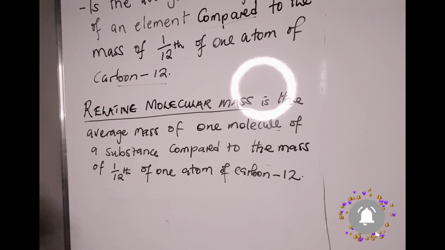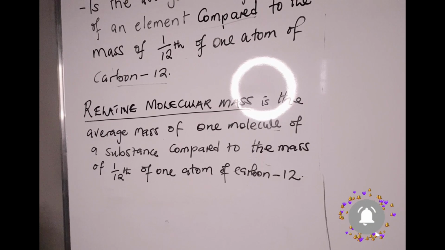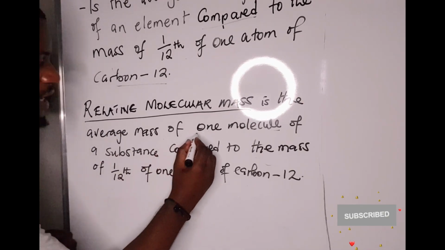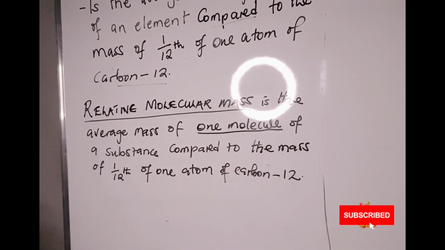Okay, so let's look at another relative mass apart from the relative atomic mass, which is the relative molecular mass. The relative molecular mass is the average mass of one molecule of a substance compared to the mass of 1/12 of one atom of carbon-12.